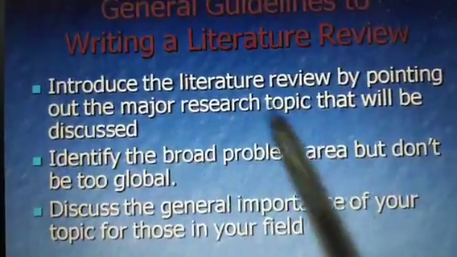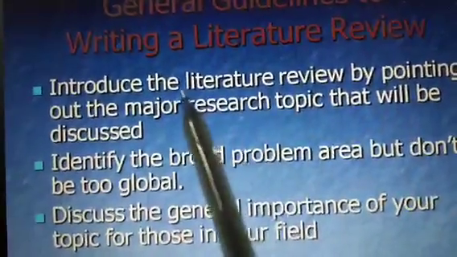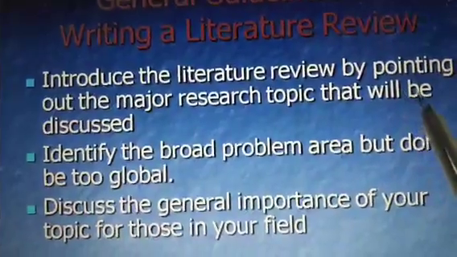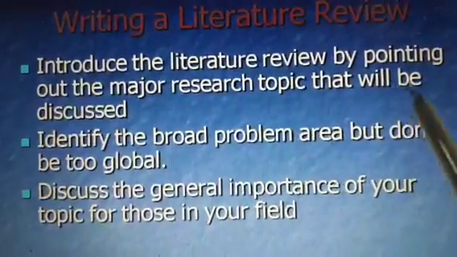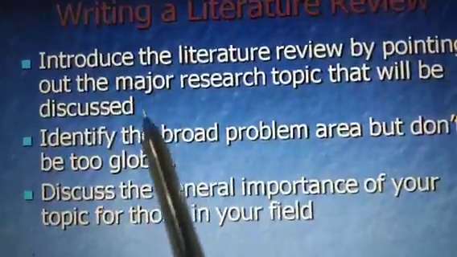So students, when we are talking about the general guidelines to write a literature review, introduce the literature review by pointing out the major research topic that will be discussed.